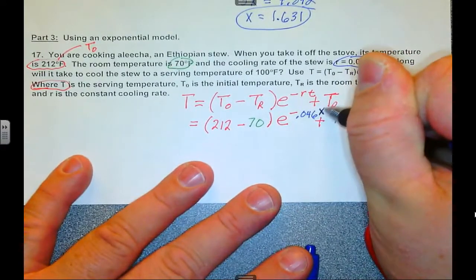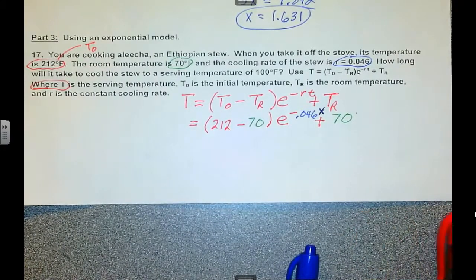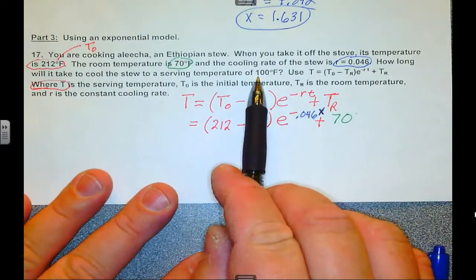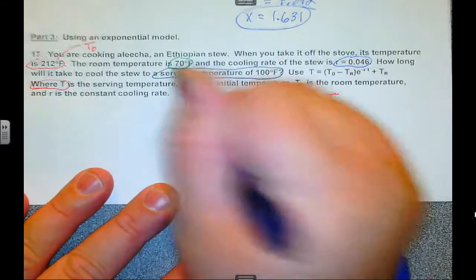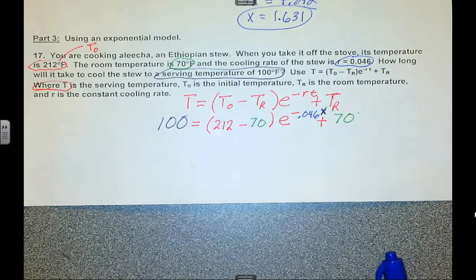So we need to find x, right? We know what serving temperature is. It's 100 degrees. There we go. I know I was missing something.